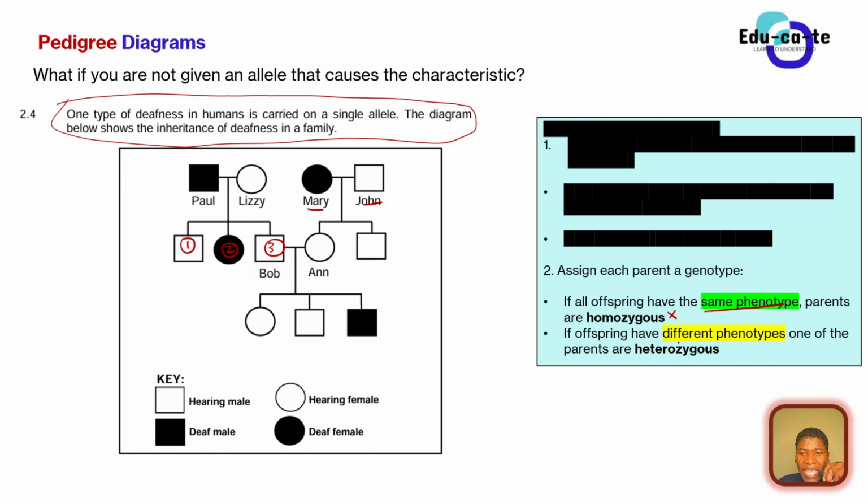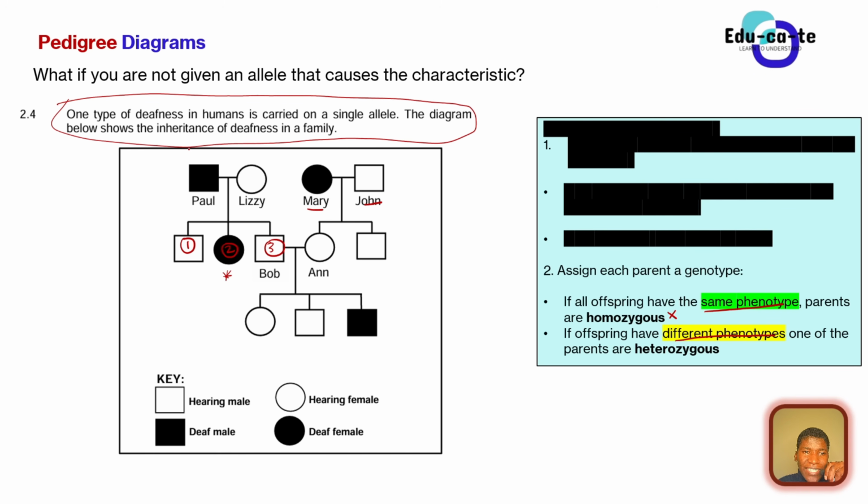But if the offspring have different phenotypes, then one of the parents is heterozygous. You can see that here, this girl in the middle is infected. So it means that the parents must have a heterozygous condition for this to happen.